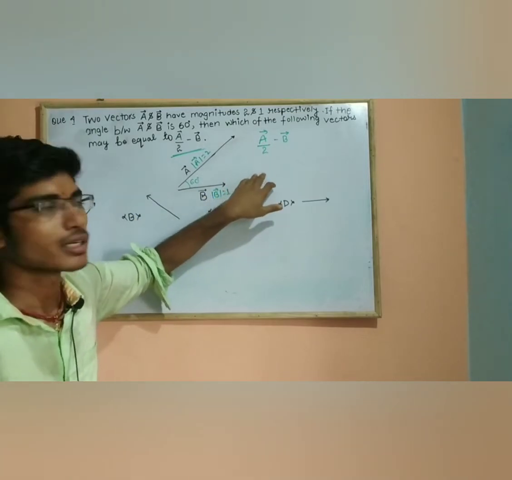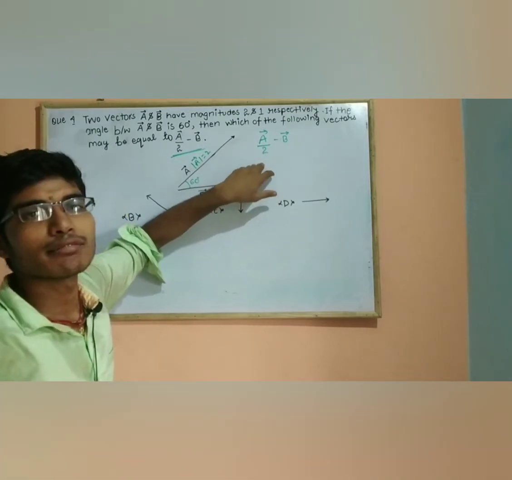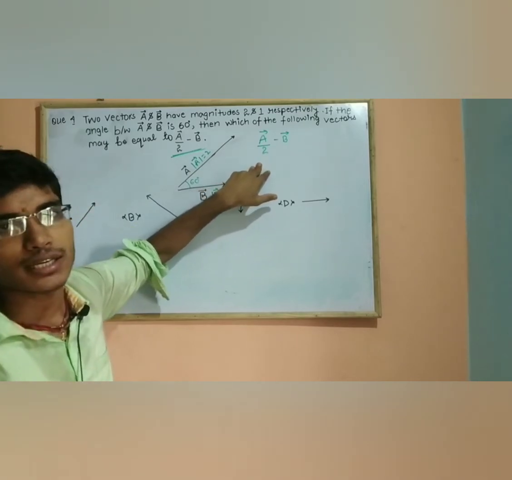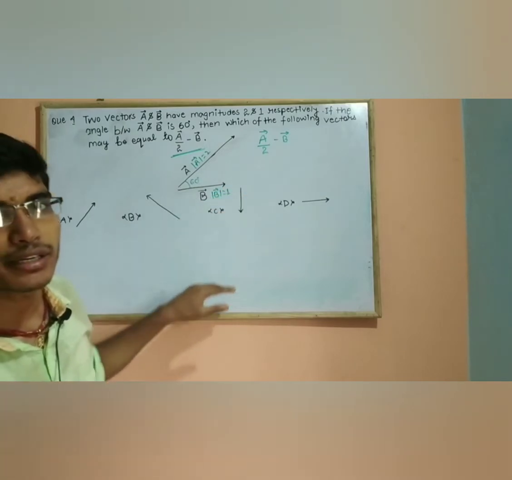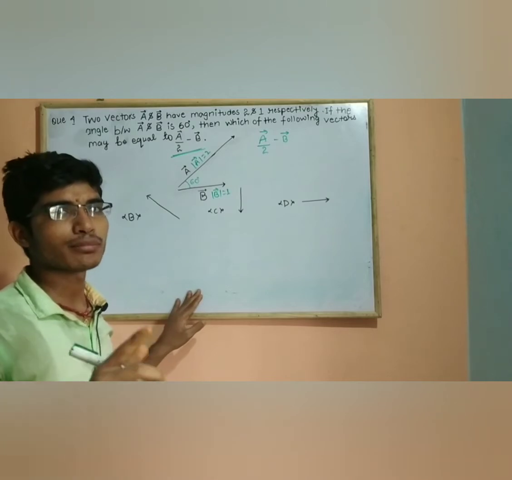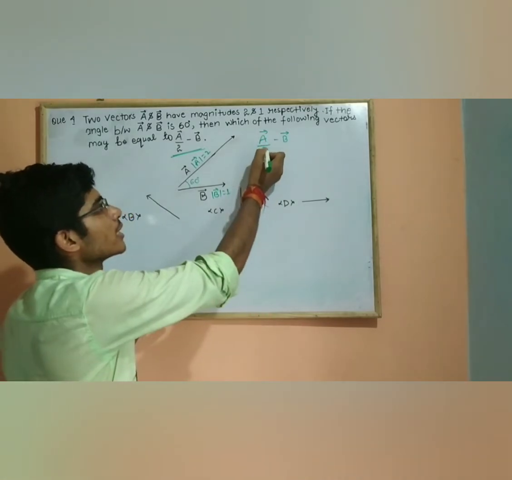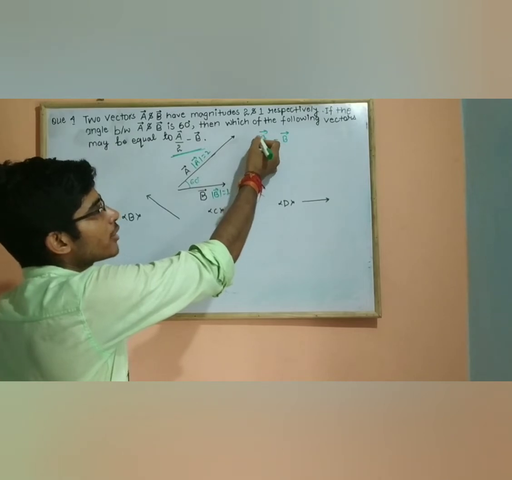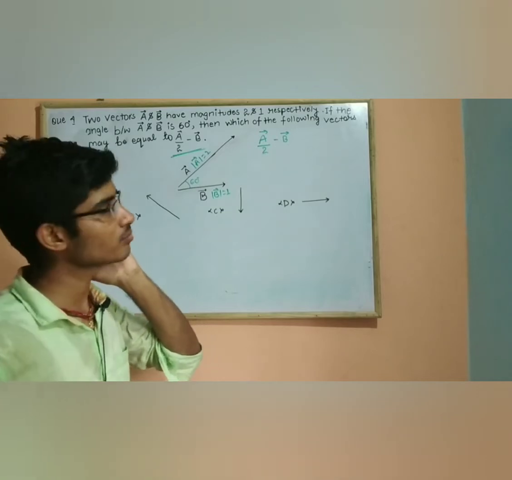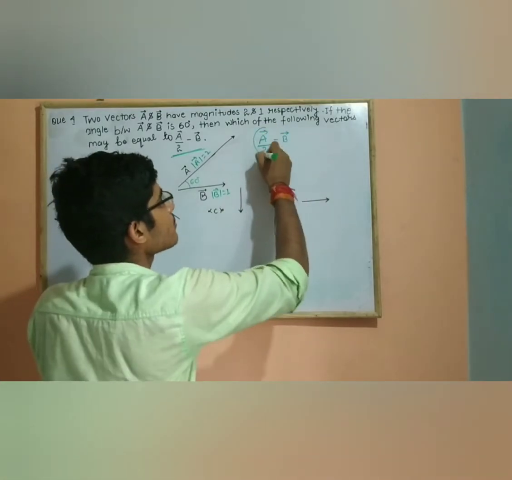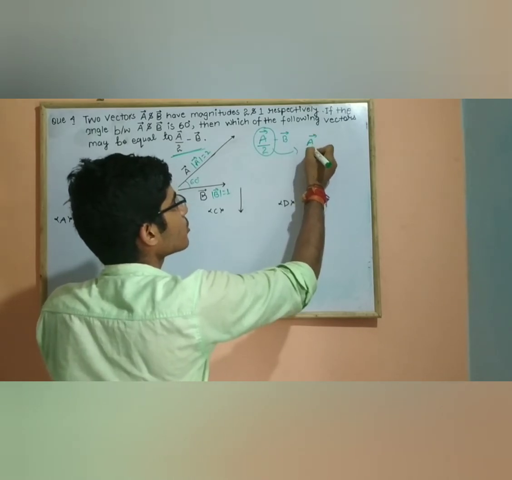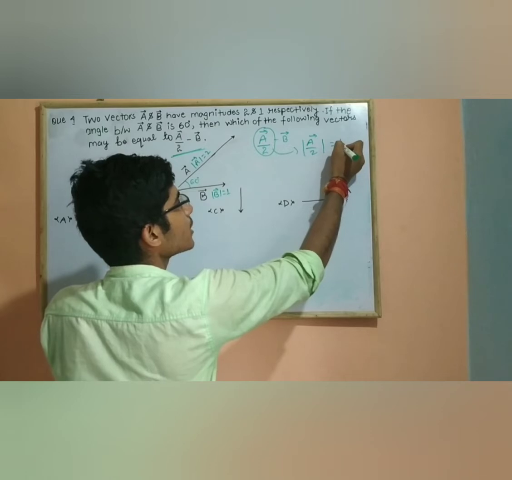As we know, when we divide a vector quantity by a scalar quantity, its magnitude is decreased or increased by the same number of times. So the magnitude of A vector gets decreased 2 times. So the new magnitude of A vector upon 2 is 1 unit.